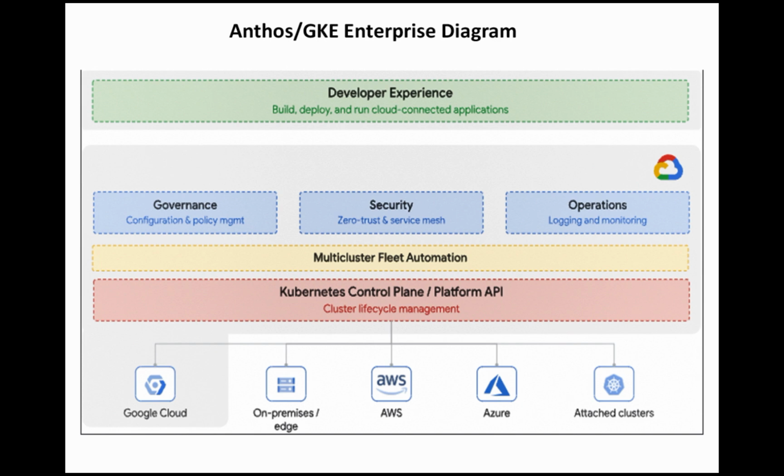For example, Anthos Service Mesh, which is ASM, now sits under the security tab where you see zero trust and service mesh. That's another component of your Anthos ecosystem, for the typical microservices which are part of these Kubernetes clusters in a multi-cluster environment.